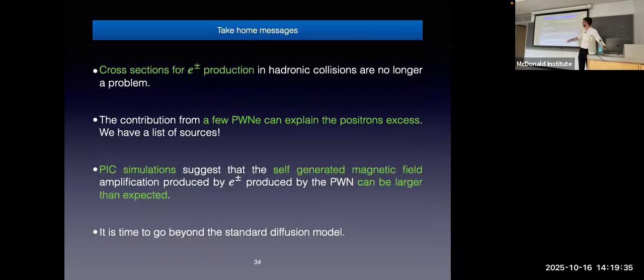So these are the take-home messages, which is basically exactly what I told you. All the propagation models and the study of the positron excess that I told you about today, everything is based on a very phenomenological approach. You have a model with many free parameters. You tune those parameters to the data, and again, you get your conclusions.